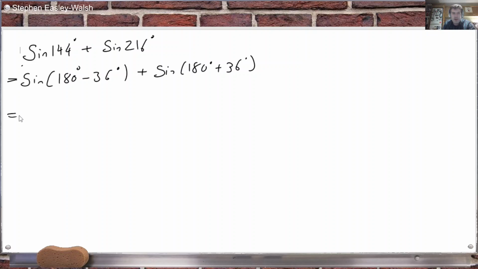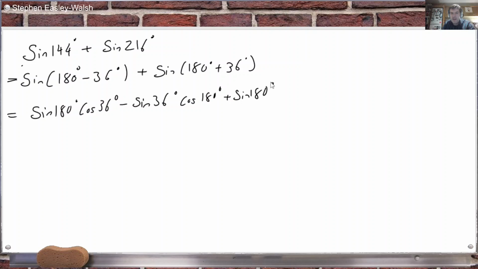So that would equal sine A cos B minus sine B cos A plus sine A cos B plus sine B cos A. Cos of 180 is minus 1, and sine of 180 is 0.